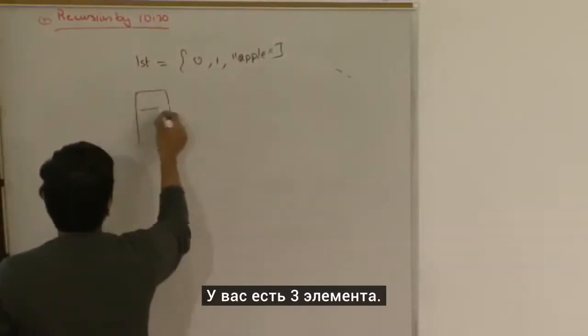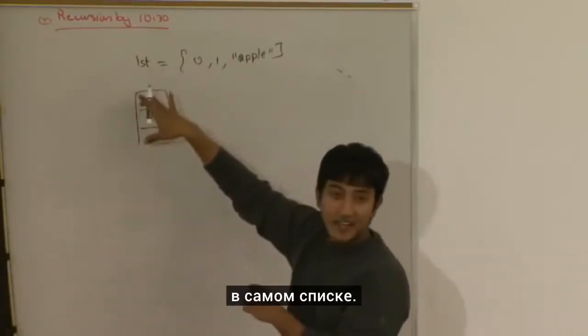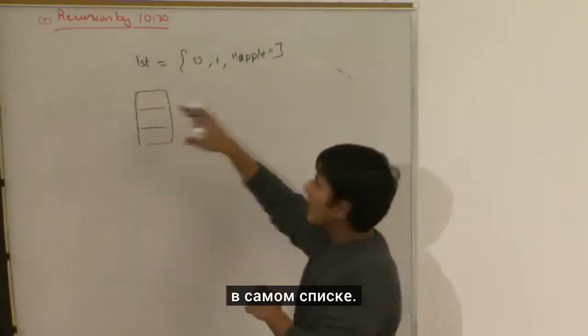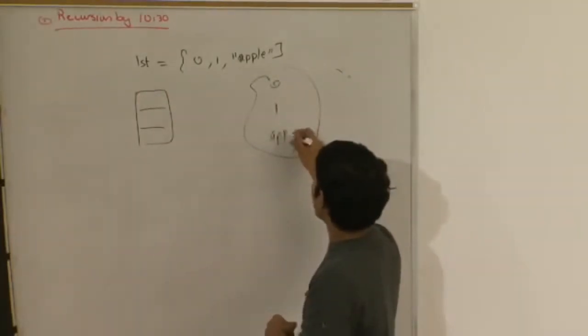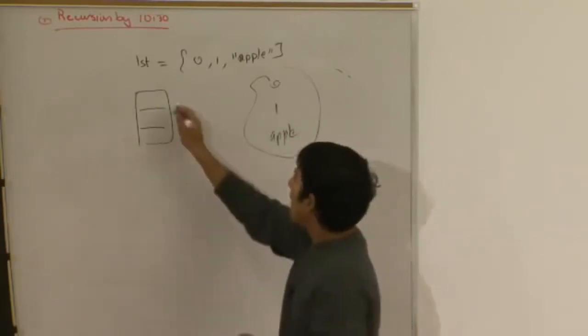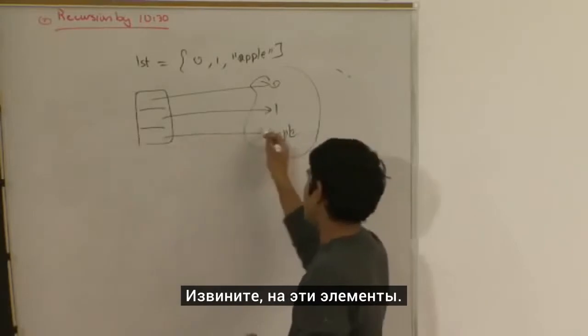So you have 3 elements, but these elements are actually not stored in the list itself. They're actually in memory: 0, 1, apple. But you have pointers to those elements.